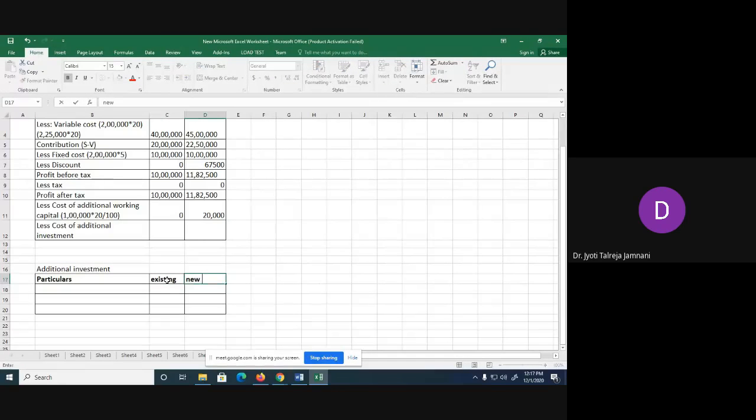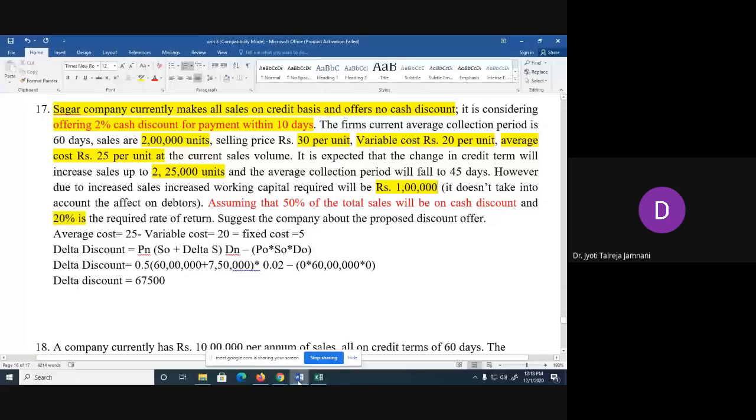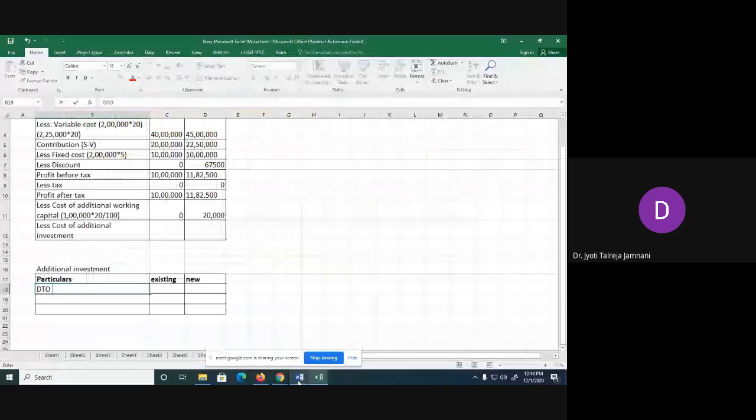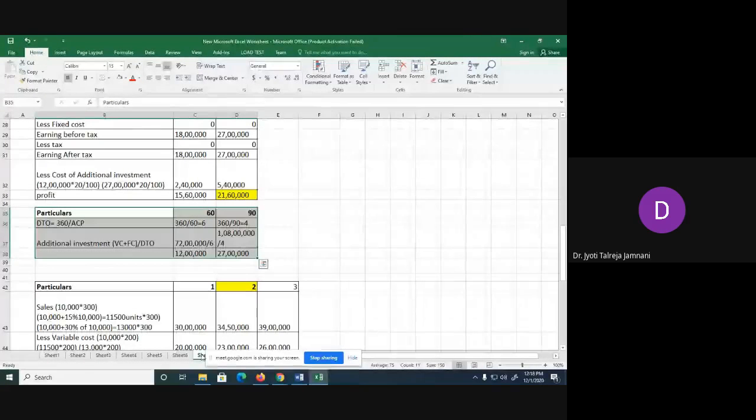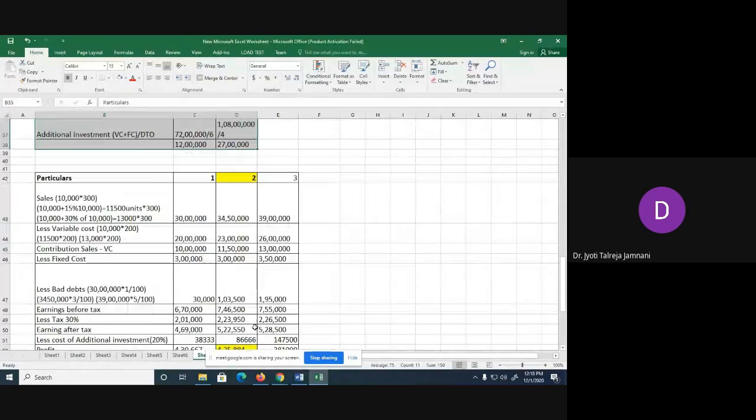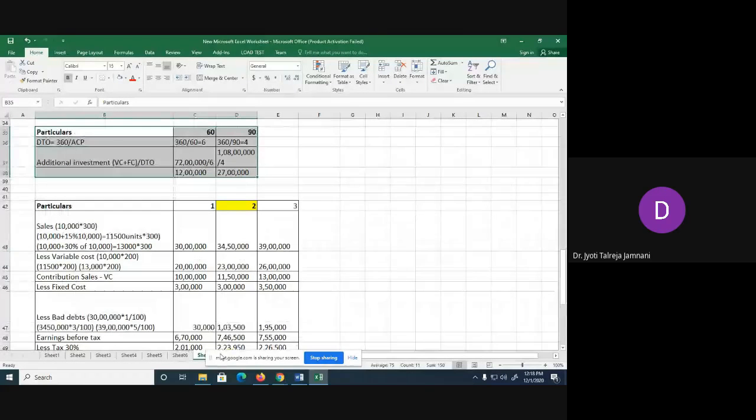To find the additional investment, the formula is cost divided by debtors turnover ratio. So first we'll find the debtors turnover ratio, and the formula is, for debtors turnover ratio, it is 360 divided by average collection period.